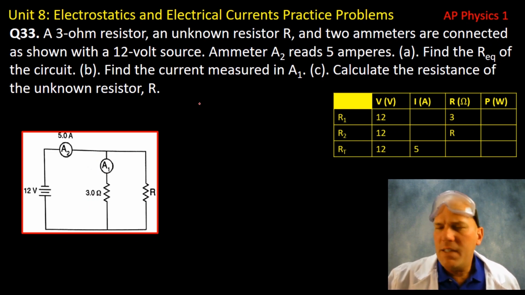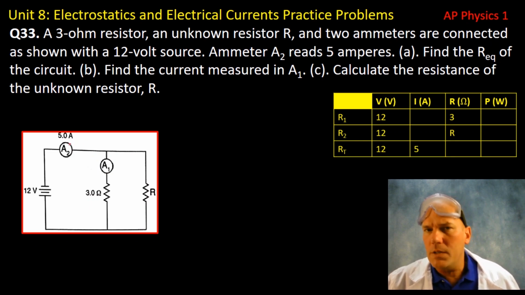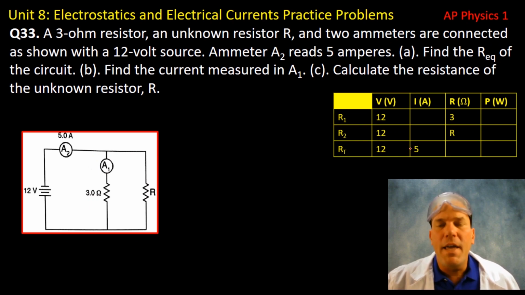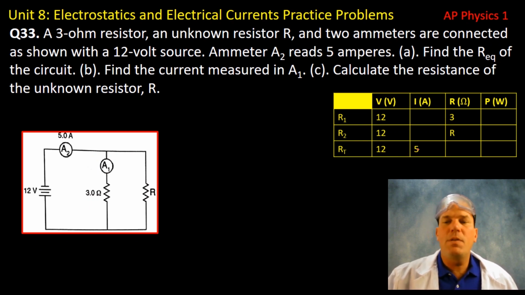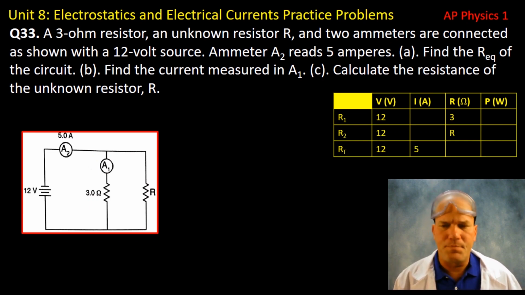So at this given location, that's going to be the total current for the circuit. All right, so we can go ahead and say 5 amps to be the total current for the circuit. So we actually know quite a bit about this circuit.